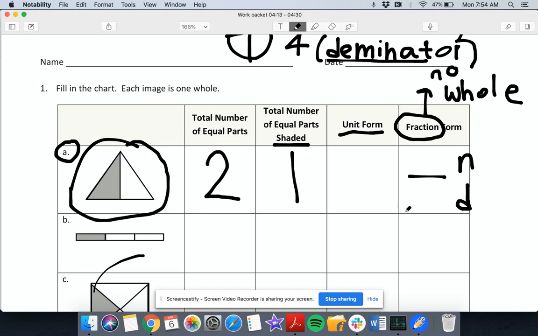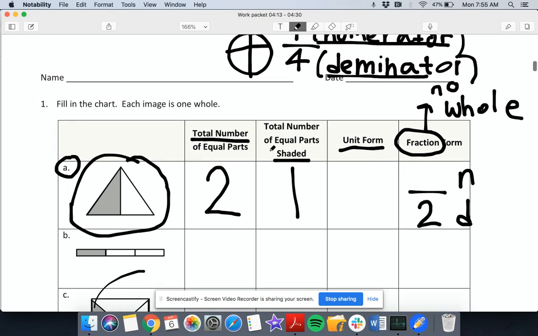And our denominator is just the total number of parts. So in total, how many parts are there? Well, we already decided that that's 2. So my denominator is 2. And numerator, we decided that that's going to be just the shaded.